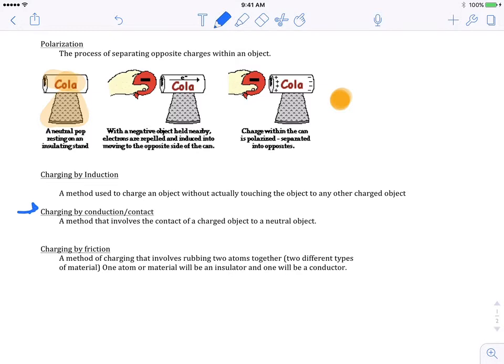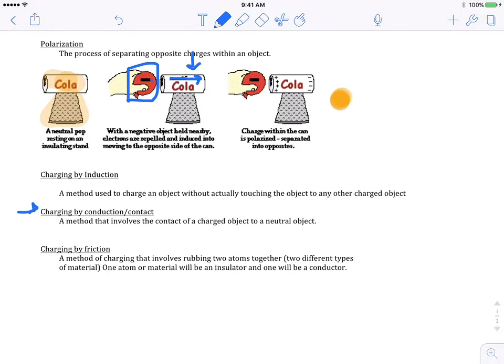But once you bring in this negatively charged object, this balloon in this person's hand, and it's negatively charged, which means it has more electrons, then what happens to the charge in the soda can is that they separate. And these electrons, and you can see the arrow acting this way to the right, these electrons in the soda can are repelled by this negatively charged balloon.